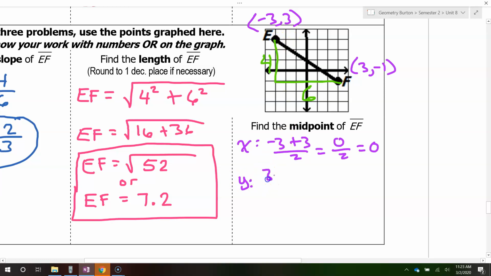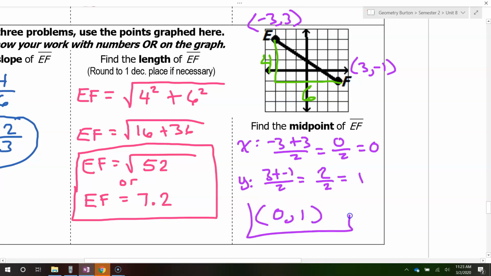So that's going to be 3 plus negative 1 divided by 2. So that's going to be 2 divided by 2, which is 1. That means the midpoint should be 0, comma 1. All right, which is just what it appears to be.